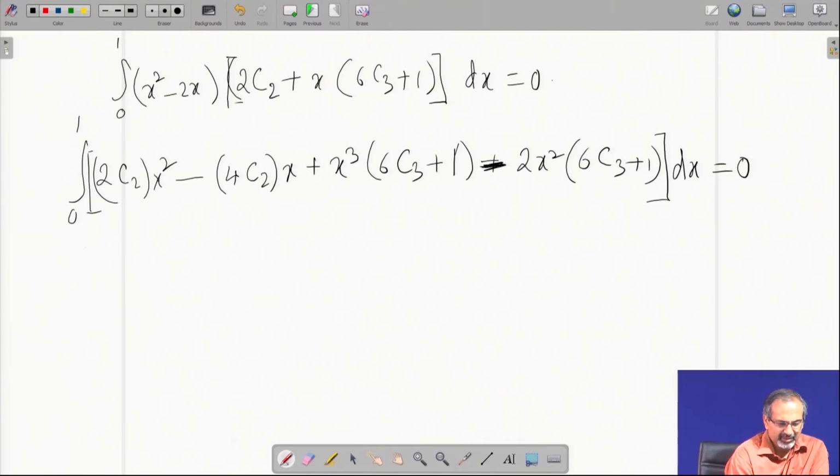Now, we integrate term by term. So, these are constants. So, they will go out of the integral, and these are definite integrals. So, you have to put the limits.